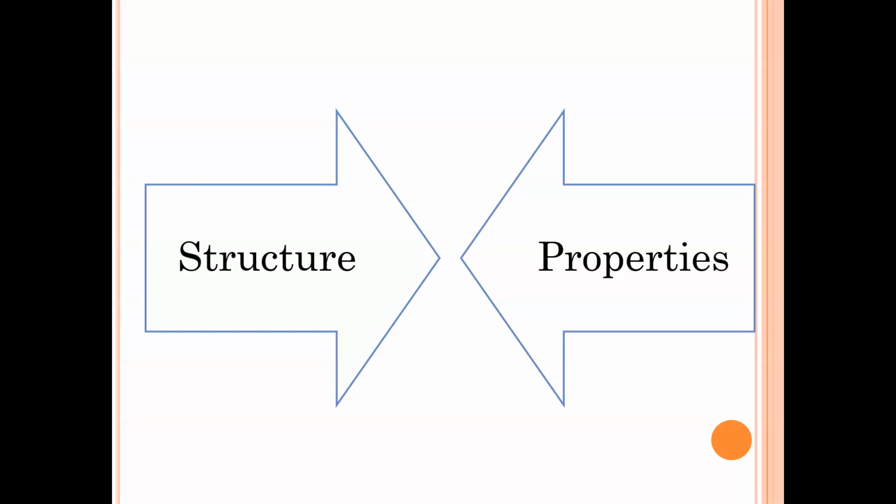It's very important for us to remember that whenever you're talking about function or property of a particular compound, it's completely dependent on its structure. Structure plays a very important role in deducing the way a particle is going to behave. Same thing applies to nanoparticles as well.